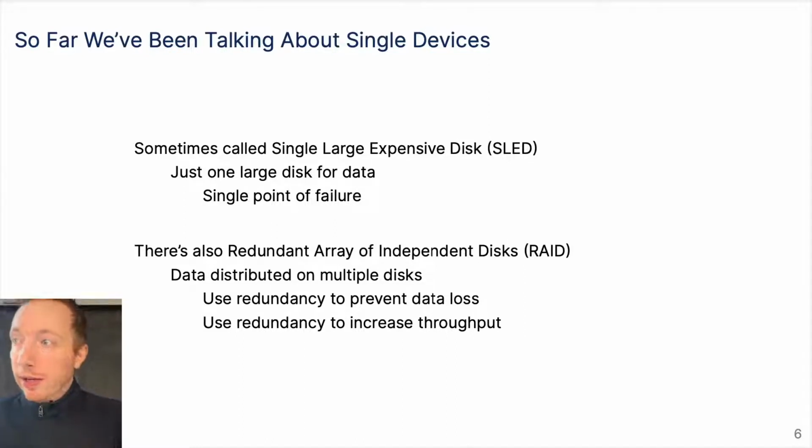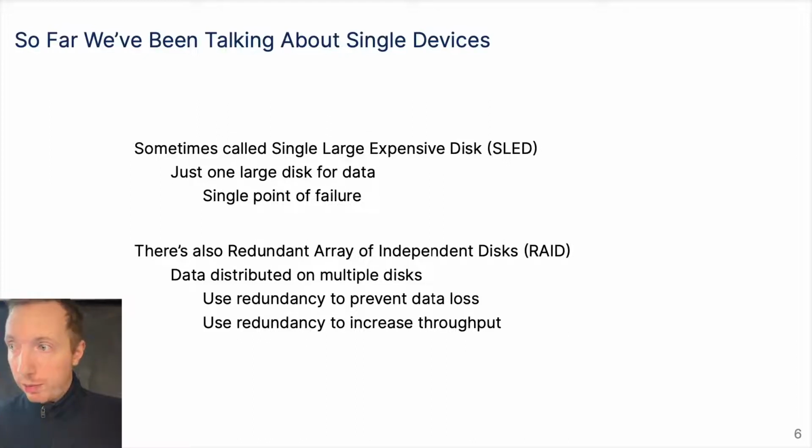So instead of having a single disk with all your data, it can now be distributed across multiple disks, and there are different ways to accomplish this. You can use redundancy to prevent data loss, so your data is in more than one place, or you could use redundancy to increase throughput.